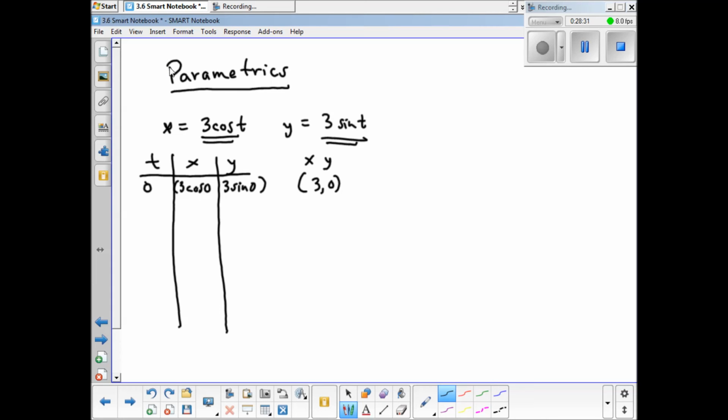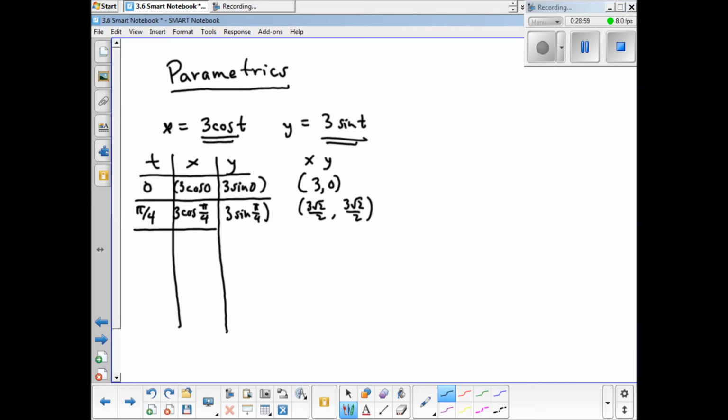See? Okay, and then you could plug in the next one, maybe like pi over 4, let's say. Pi over 4 would be 3 times cosine pi over 4, 3 times sine pi over 4. In other words, 3 root 2 over 2, 3 root 2 over 2.